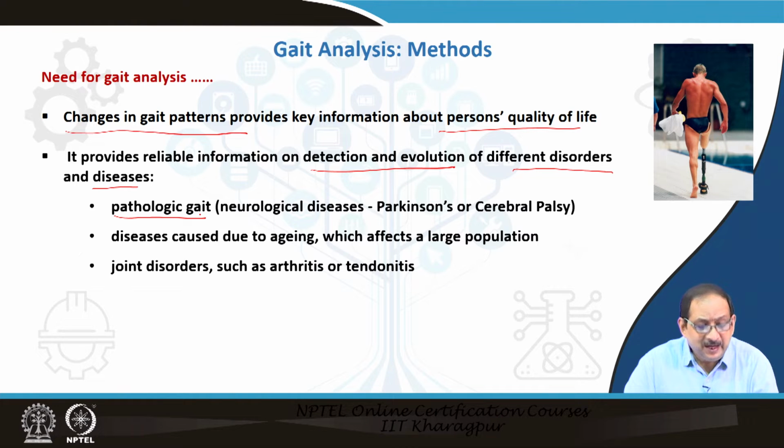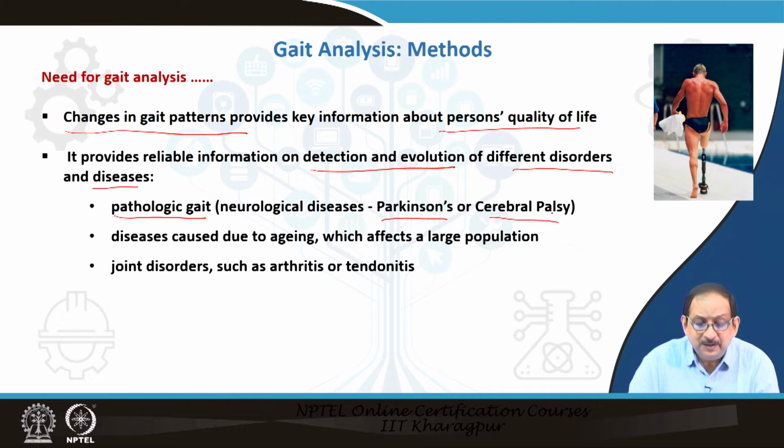Pathologic gaits are gait abnormalities. There are 8 basic types of pathological gaits that can be attributed to neurological conditions such as Parkinson's or cerebral palsy, spastic, neuropathic, myopathic, and other neurological diseases.